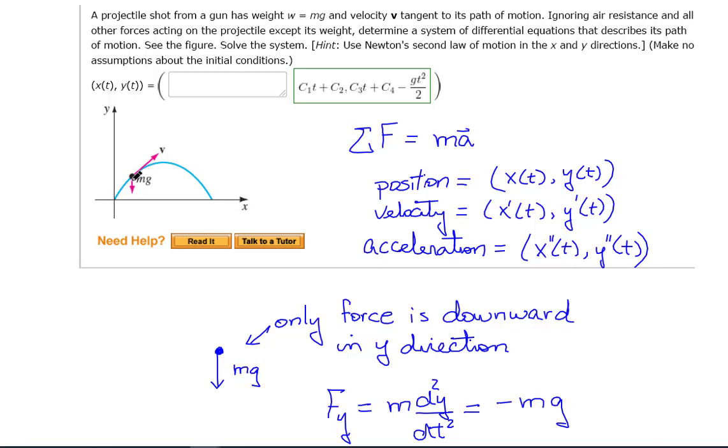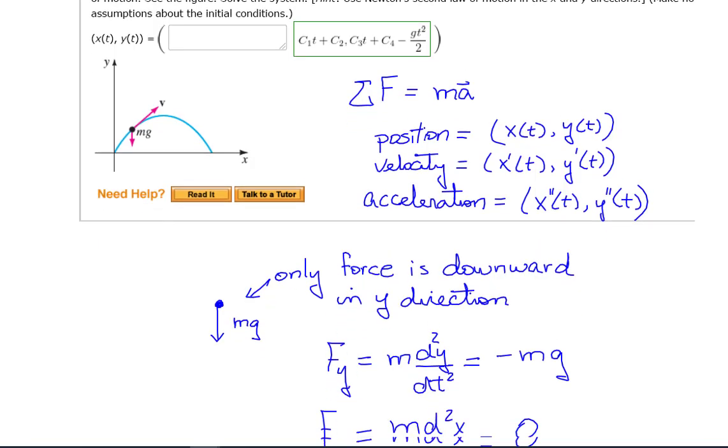The only force acting upon it is gravitational force, so its weight, mg. We look at Newton's second law of motion, which says the sum of all the forces acting on any point is equal to the mass times the acceleration. So if position is x of t, y of t, velocity is the derivatives, acceleration is the second derivative.